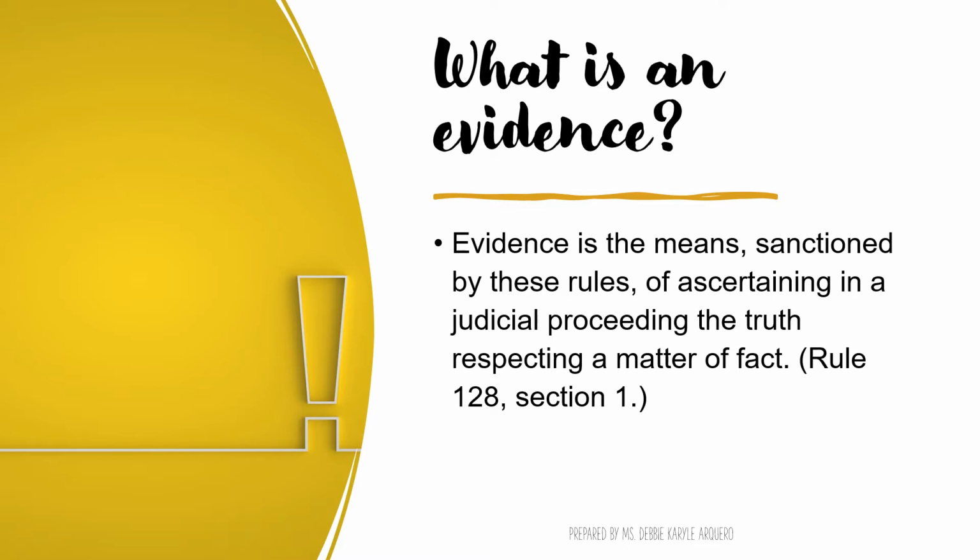Specifically, in a criminal case, the prosecution has the burden of proof in proving the guilt of the accused. So, the evidence to be presented by the prosecutor must have a significant weight in order to prove the guilt of our accused.